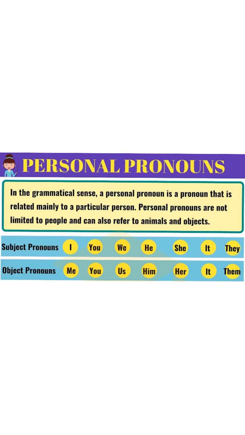Okay. Then we have the second person. Who is the second person? The listener, the one who is listening. For example, right now I am speaking, so I am the first person. You are listening. You are the second person. And then the third person.